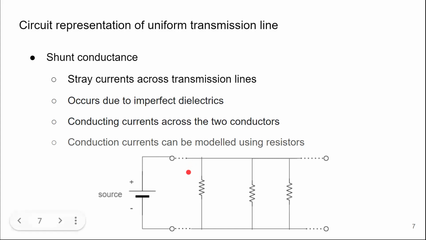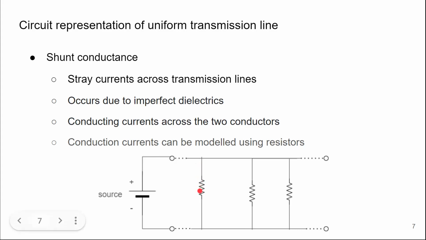So because of that, a voltage is produced between these two conductors. In order to show that phenomenon, we denote the stray current leakage using a resistor. So the resistor is added between the two conductors, and it is used to denote the stray currents that are leaking from the top conductor towards the bottom conductor, because of the dielectric imperfection.